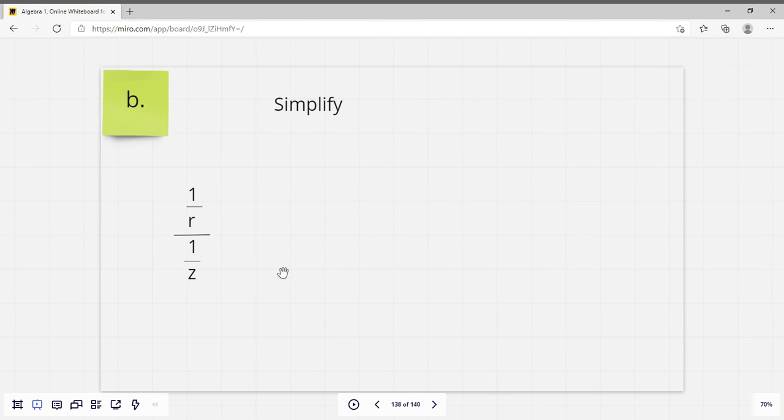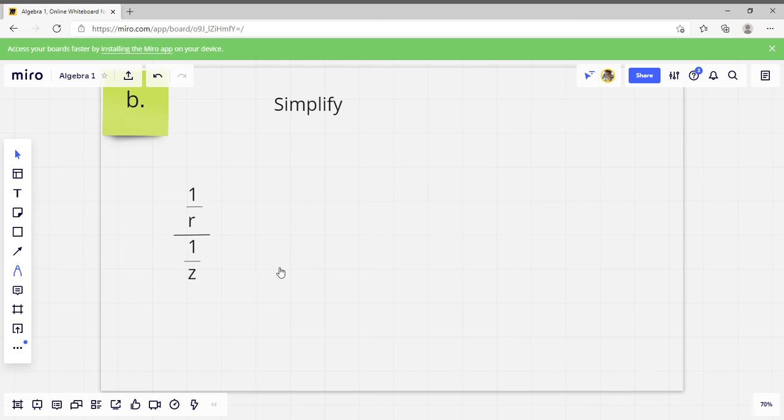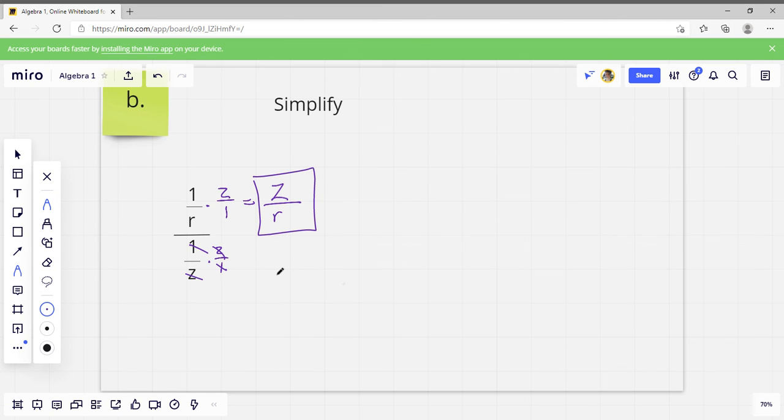Let's do another one, b. I'm going to flip my bottom and multiply. 1 times z is z. 1 times r is r. So we should have z over r.